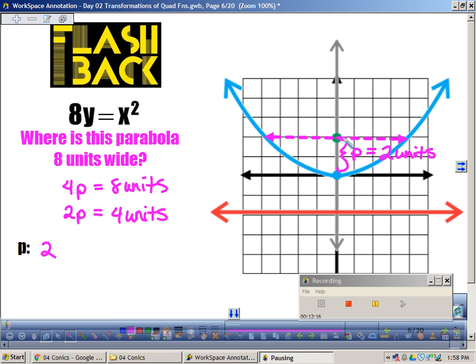And I just happen to know that this distance here is going to be the same as this distance here. So if I want to know not the whole distance to the directrix, but just half of it, I'd half it again. So 1p, equidistant, thank you, is 2 units. Thumbs up, thumbs down. Awesome. Tarsa, thumbs up, thumbs down. I scared you, didn't I?